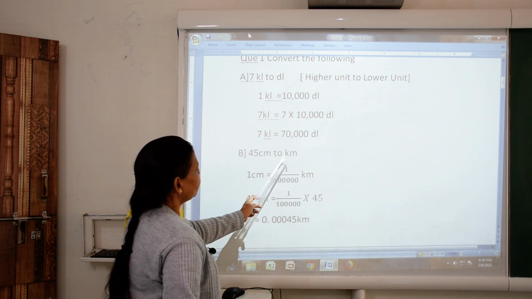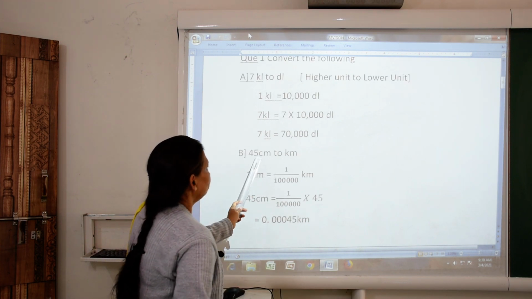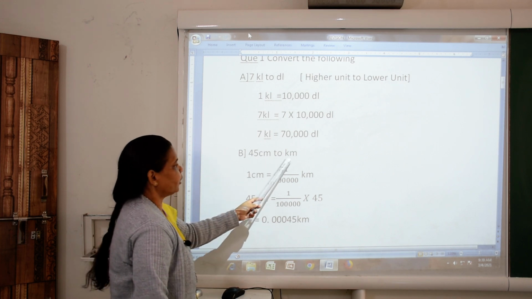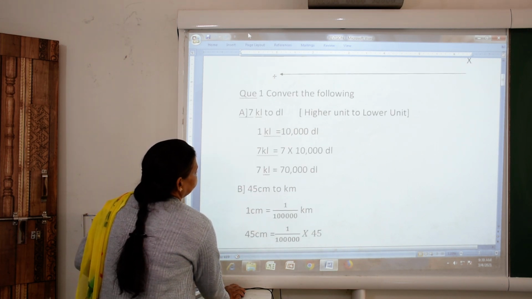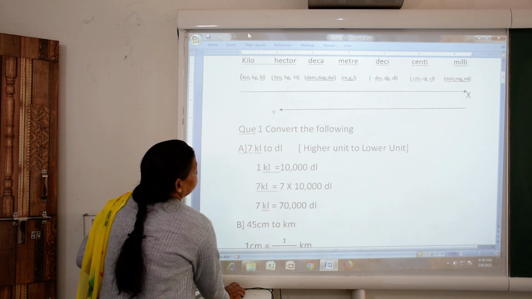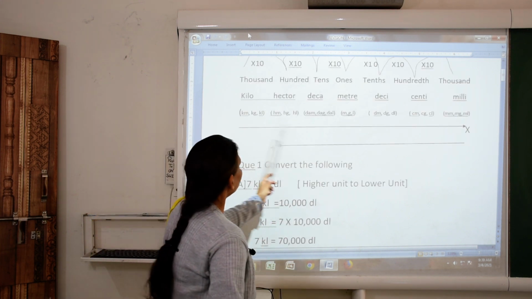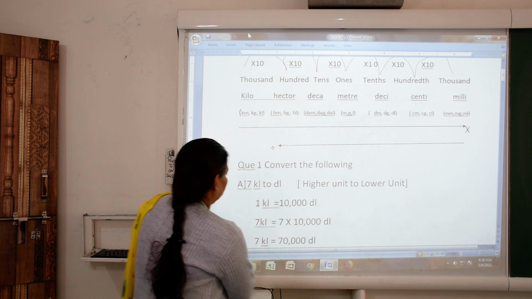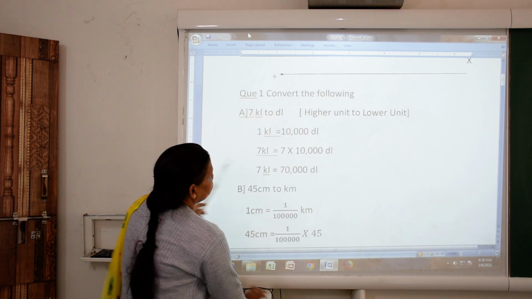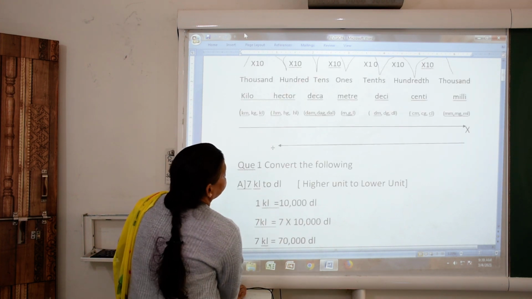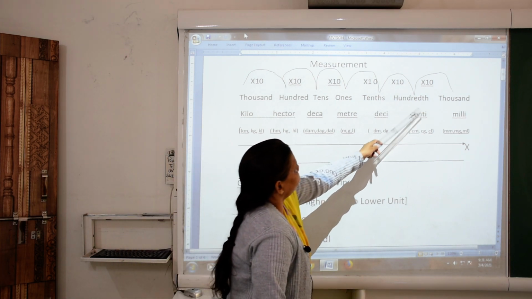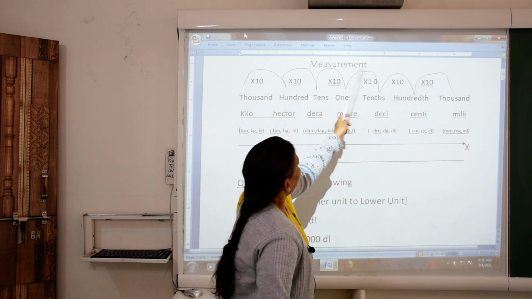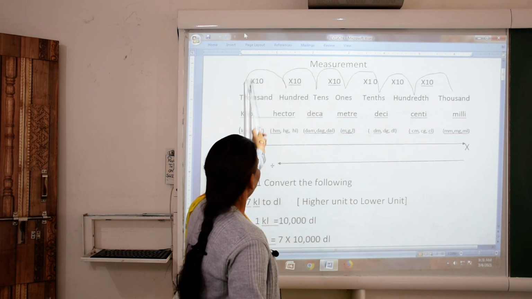Next, 45 centimeter to kilometer. Centimeter is the lower unit and kilometer is the higher unit, so you have to divide. Centimeter to kilometer: here 1, 2, 3, 4 and 5 jumps.